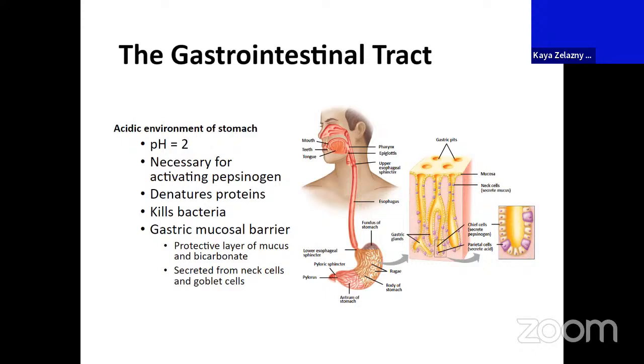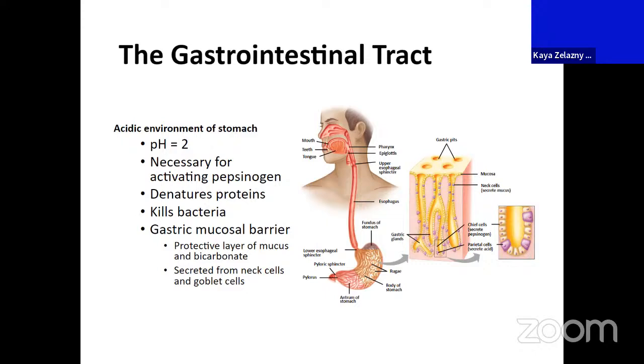By denature, we mean we're unfolding it. So our proteins are coming in all folded into their tertiary and then quaternary structures. They hit this super low pH in the stomach and they unfold, which is great because once we have just a long polypeptide chain, we could start to attack those bonds between the amino acids. When they're all folded up in a big bundle, it would be harder to reach the bonds to actually break them up.